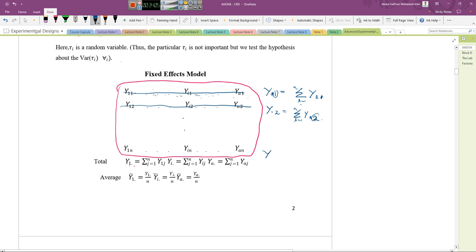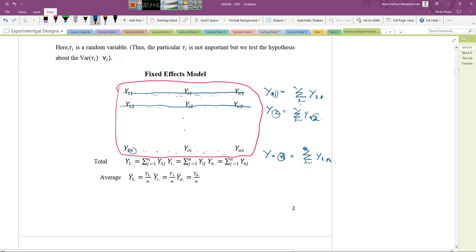And here I can write y dot n is equal to summation i is equal to 1 to a of y_in, right? So this is the nth row, so I put n. I have to add all these data points starting from 1 to a, I'm sorry, here a, and here n. So this is how we can find out.